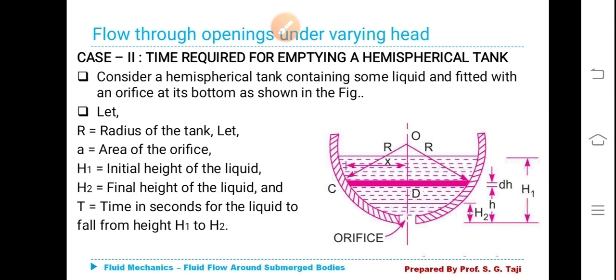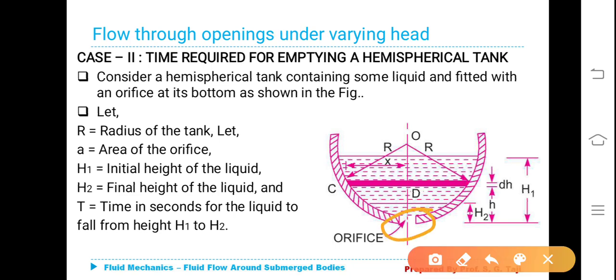Now, consider a hemispherical tank containing some liquid and fitted with an orifice at its bottom as shown in the figure. The assumptions are the same. Let R be the radius of the tank, small a the area of the orifice, H1 the initial height of the liquid, H2 the final height of the liquid, and capital T the time in seconds required for the liquid to fall from height H1 to H2.